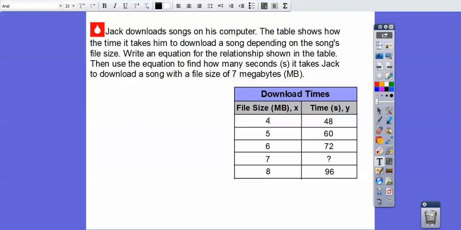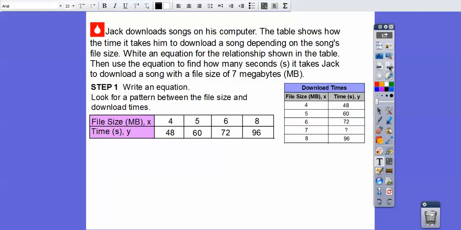Here we have 4 megabytes takes 48 seconds, 5 takes 60 seconds, 6 takes 72, and so on. We're going to write the equation by looking for a pattern between the file size and the download times.